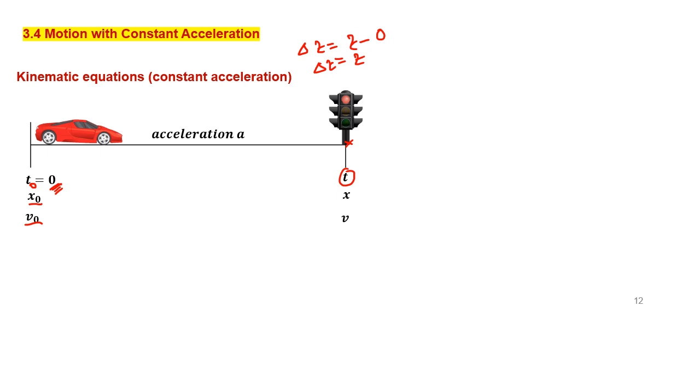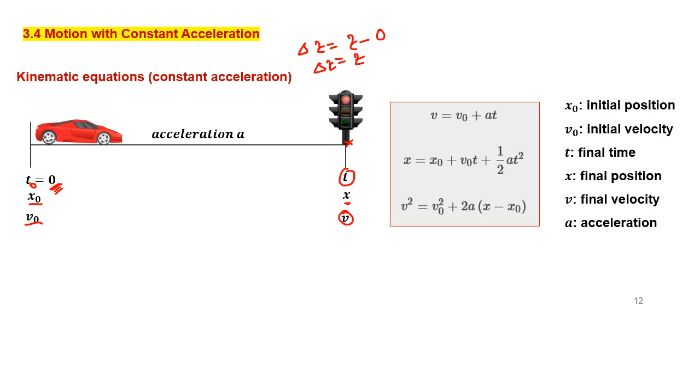So this t represents the duration. x is the final position. So what is the distance or displacement? x minus x0. What is the final velocity? v.